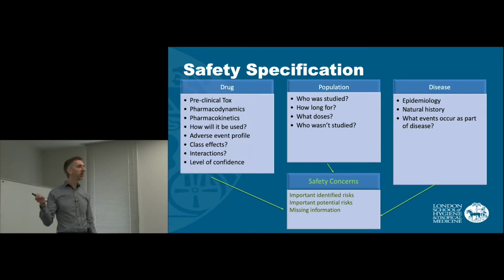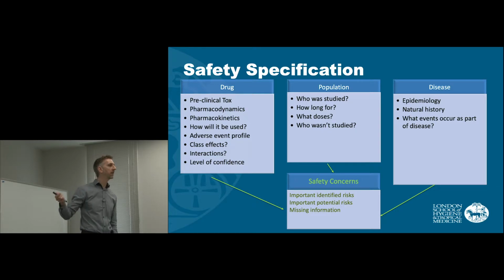So did you have any children in the trial? Did you have any really elderly people? And the important thing is, you can then link this with how will it be used? Because within this same document, you will talk about who you expect to be exposed over time. And it could be that who wasn't studied forms a large part of who you think it will be used in. And this is really useful information.